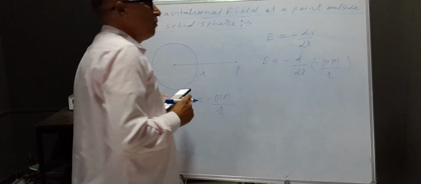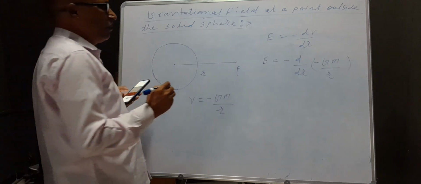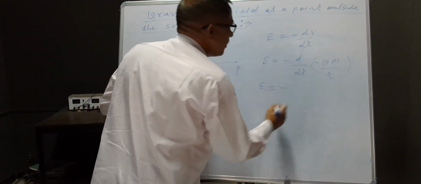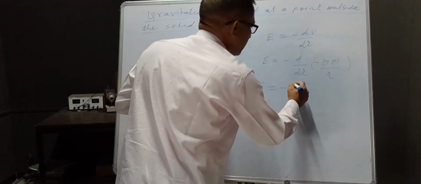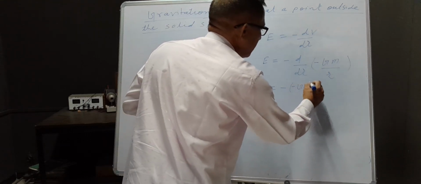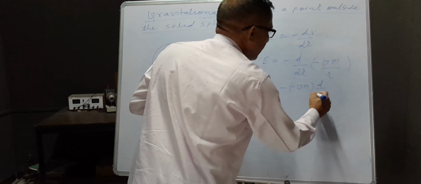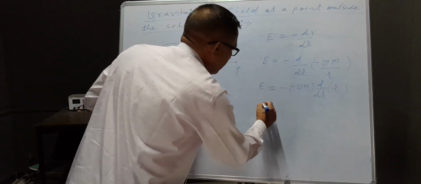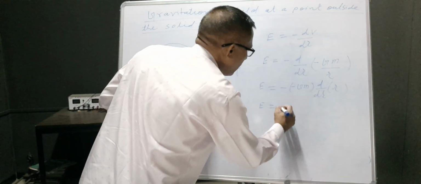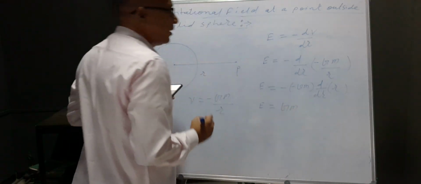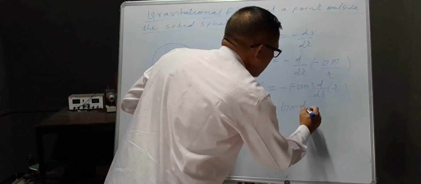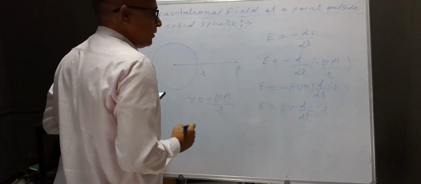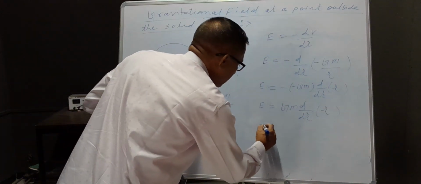Here G and M are constants, and therefore we take them outside. The minus minus sign will be positive, and we have to differentiate r.